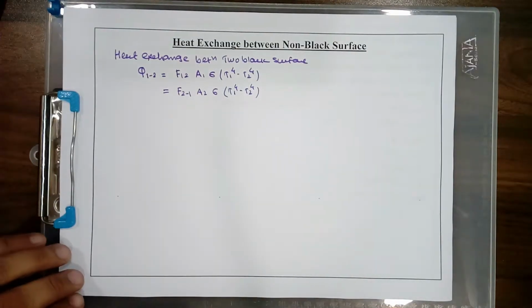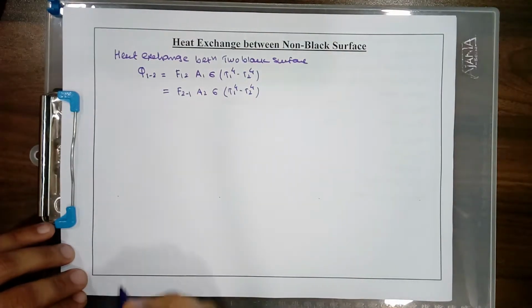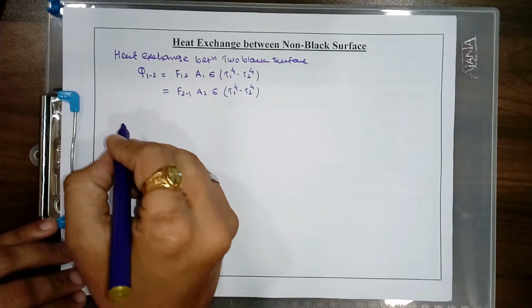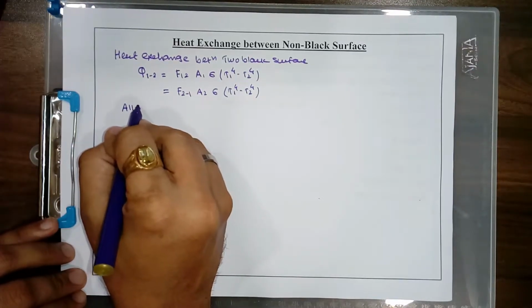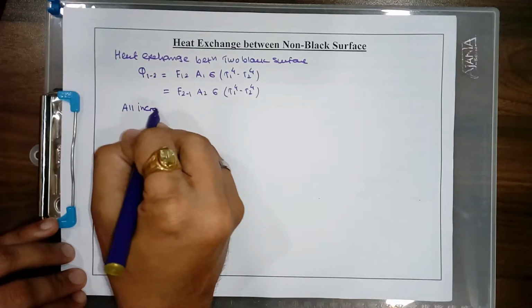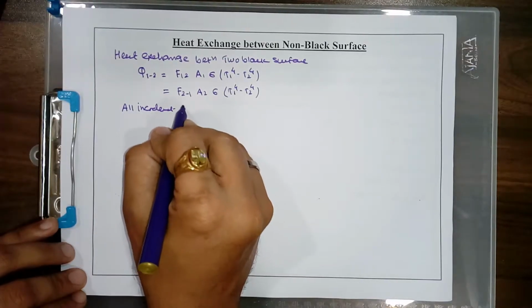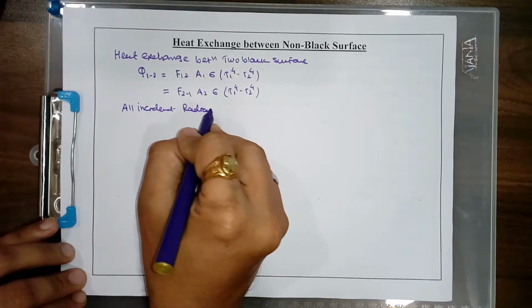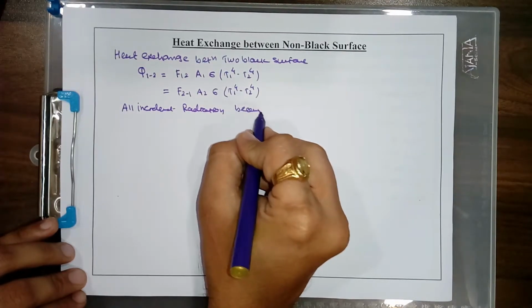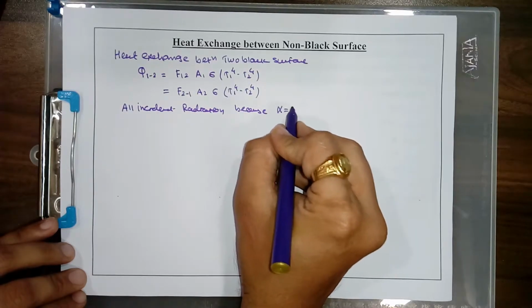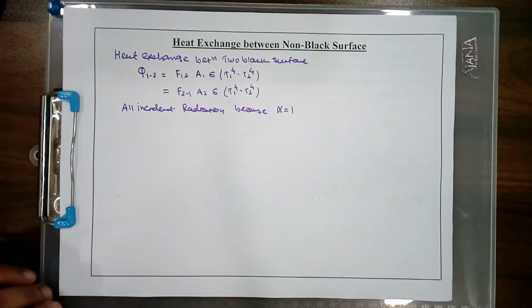But when we derived this formula, it was for a black body, and a black body absorbs all incident radiation, because the absorptivity of a black surface is 1.